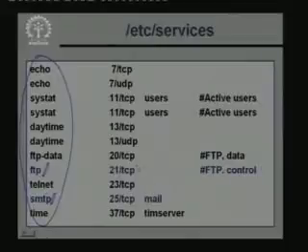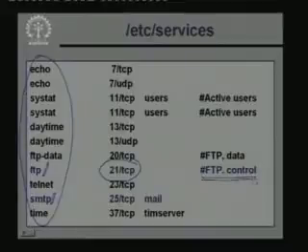FTP, it says here 21/TCP. This means the FTP protocol uses port number 21 and the TCP protocol. This is a comment line, it just says that it is an FTP protocol. This is a control connection.